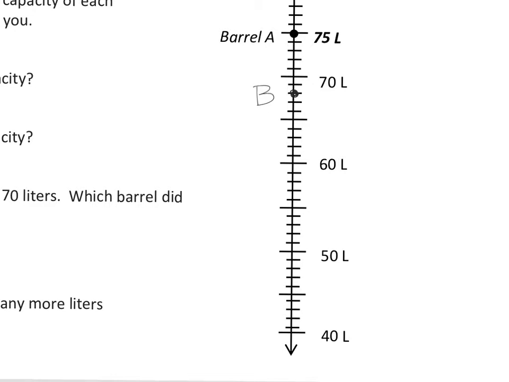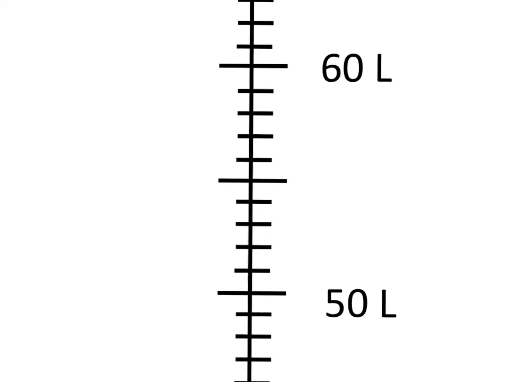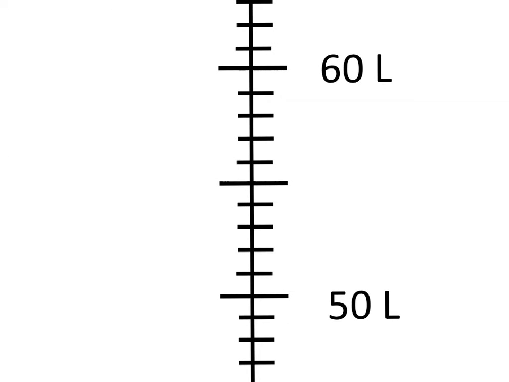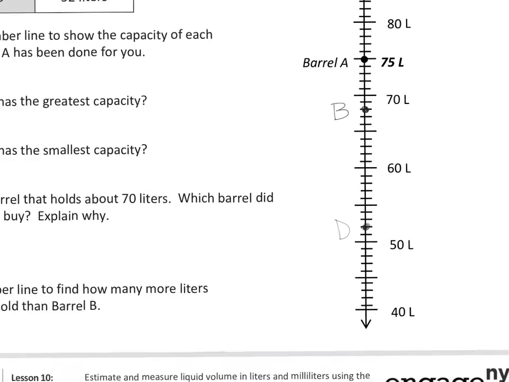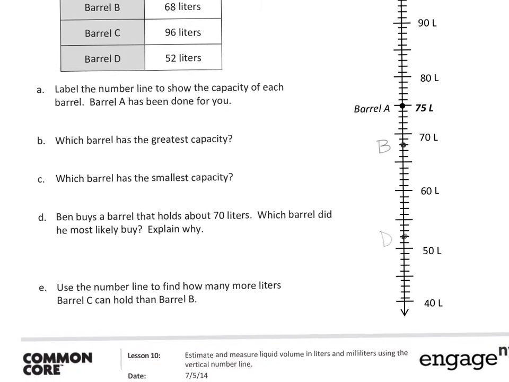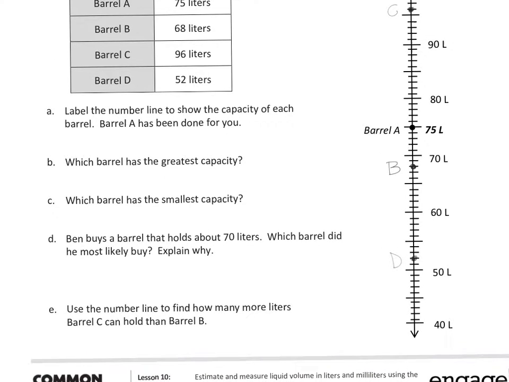So 52 is going to be between 50 and 60. And we have 50, 51, 52. And I'm going to put a D. Okay, now that I've labeled all my barrels, let's see what the other parts have in store.